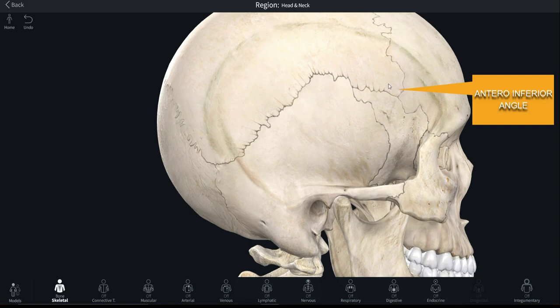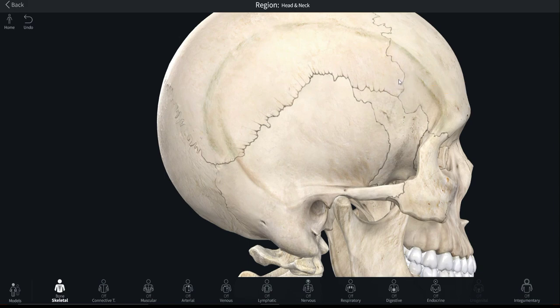So along the antero-inferior angle, the inferior border of the parietal bone, as you can see, is actually connected or rather articulated to this bone, right? See, this is the inferior border, right?